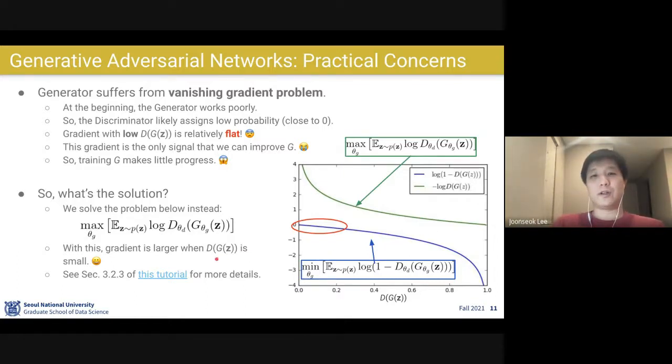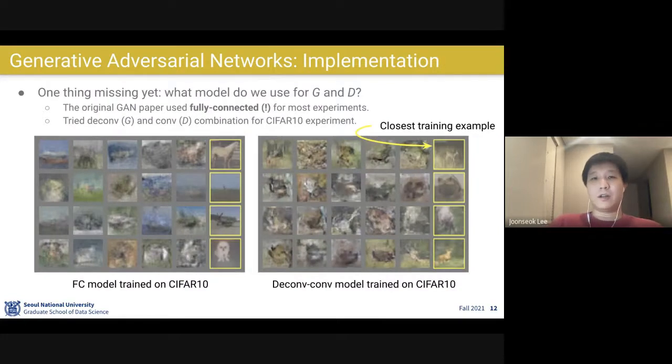And if you are interested in the details of these things, please see this tutorial linked in the slides for more details on how they do this. There is one more thing we have to talk about. What model are we going to use for the G and D? We have to make them, right?